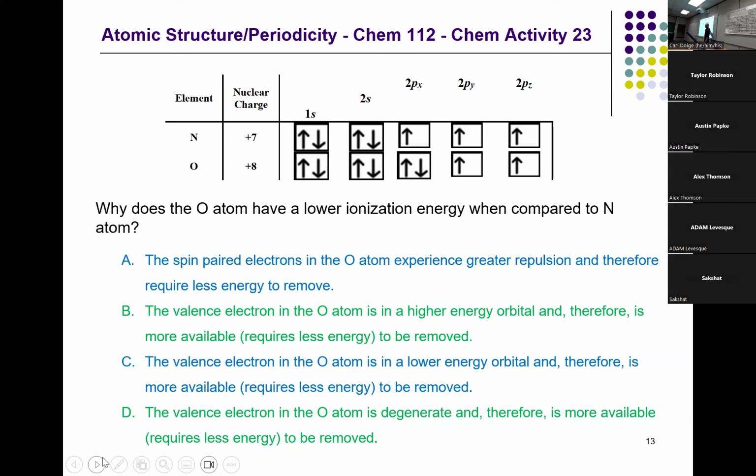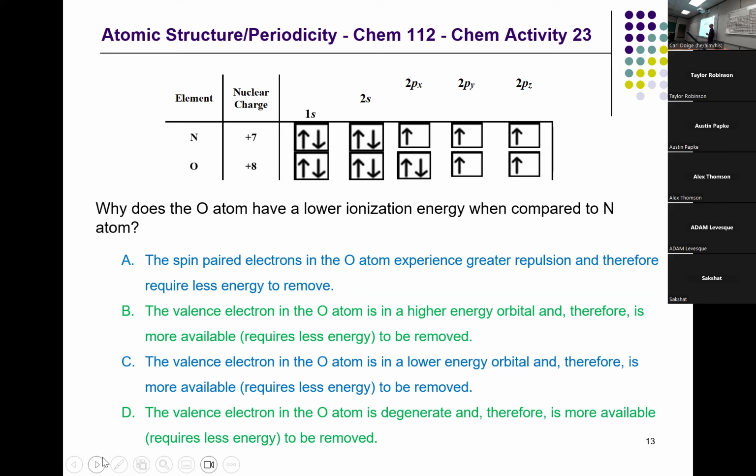Remember, all of these electrons in the p orbitals are degenerate. So if we ask which electron is going to be removed from nitrogen, it could be this, could be that. They're all the same. Whereas if we look at oxygen, and I ask which electron is going to be removed, what's the electron that would correspond to the first ionization energy? They're not all equal.